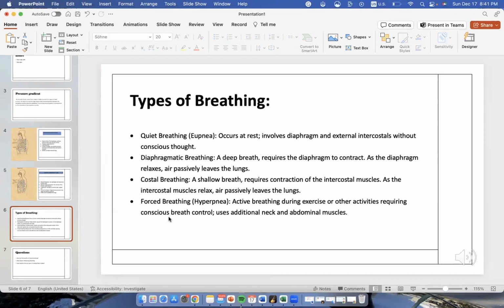It's also called active breathing because it requires you to make conscious breath control, and it also needs the assistance from muscles in other areas like the neck and abdomen.